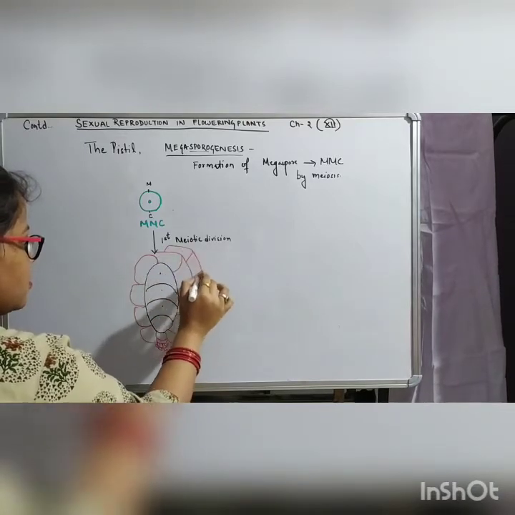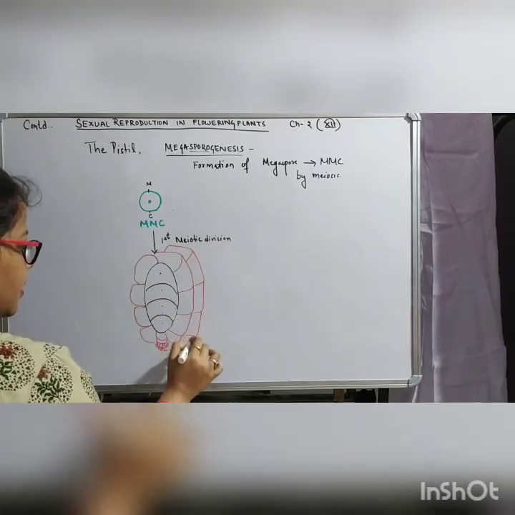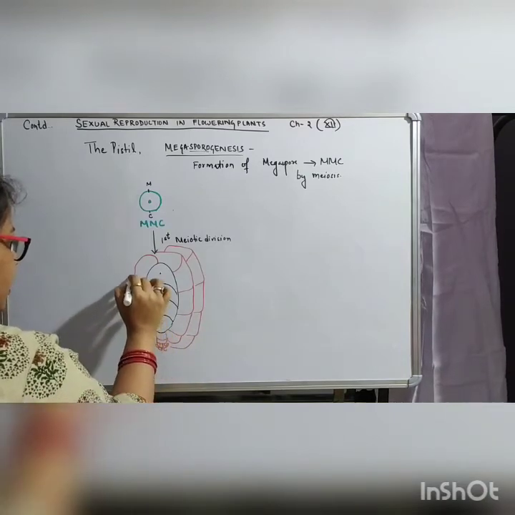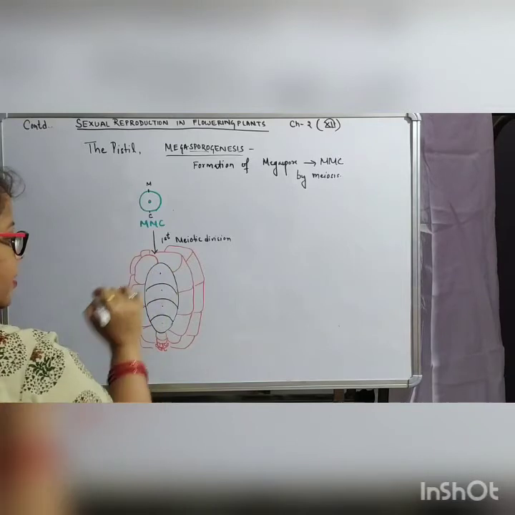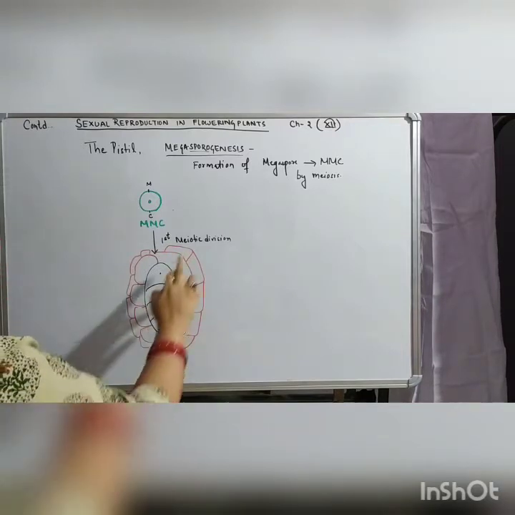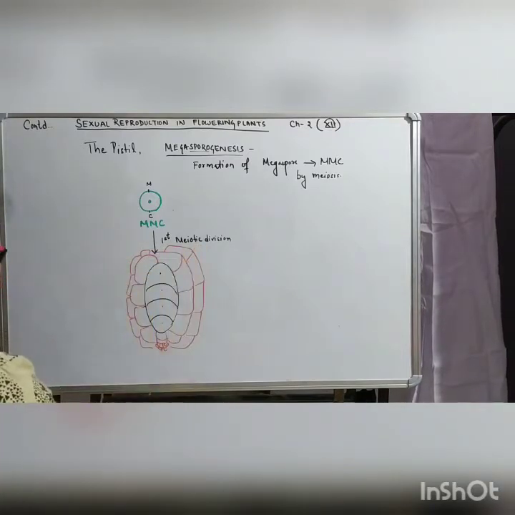Why is it required? It is required for protection of the inner mass, and it provides nutrients to the developing gametophyte. So the megaspore mother cell undergoes meiotic division and gives rise to 4 haploid cells.